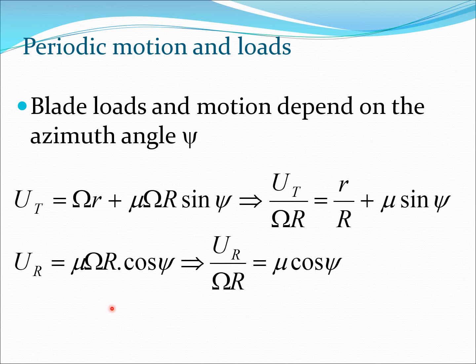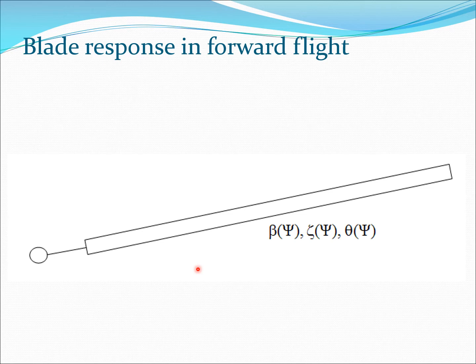And also recall that UP is a function of lambda, and that also is typically varying with respect to r and psi round the rotor disk. So essentially one of the things which happens in forward flight is that the blade response is periodic. Therefore I can say that beta, zeta and theta, which are the flap, lag and pitch motion, are all now functions of psi.